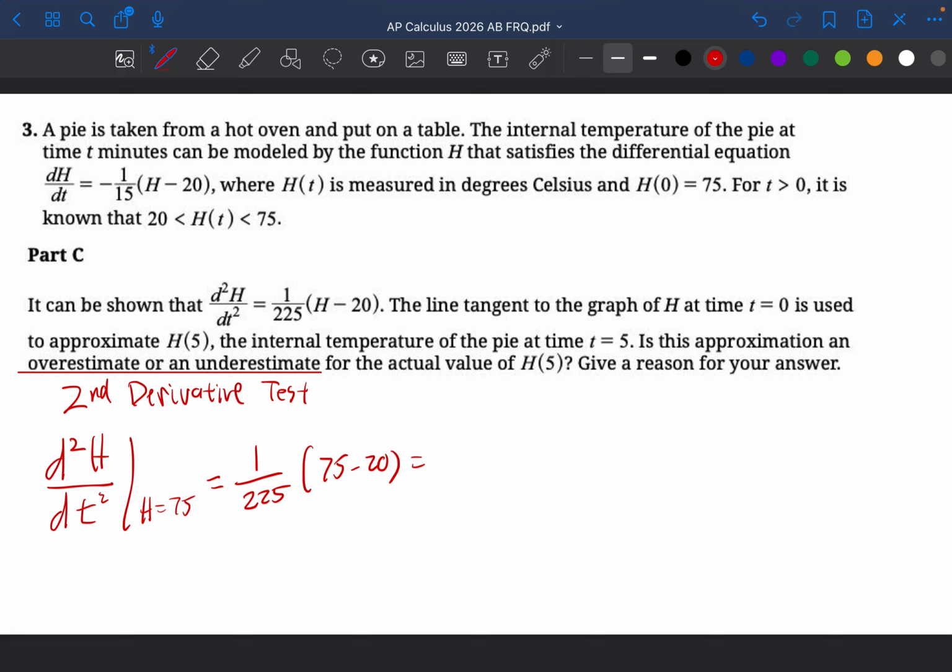In so doing, we get 55/225, but the more important issue is that this is greater than 0. So what this tells us is that at time t equals 0, h of t is concave up.